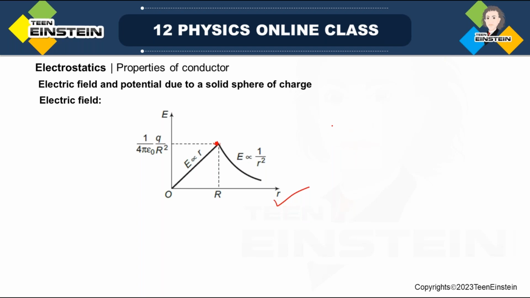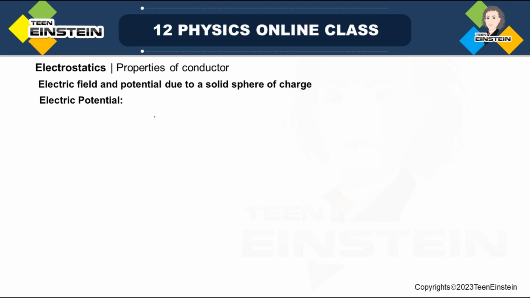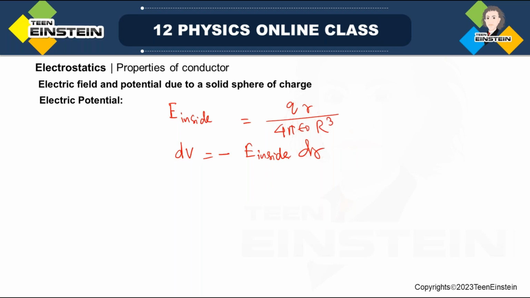We have seen electric field at any inside point as Q r by 4 pi epsilon naught R cube. I hope you remember this. Now what is the potential? Potential will be dV equal to minus E inside dr. How to take the limit?